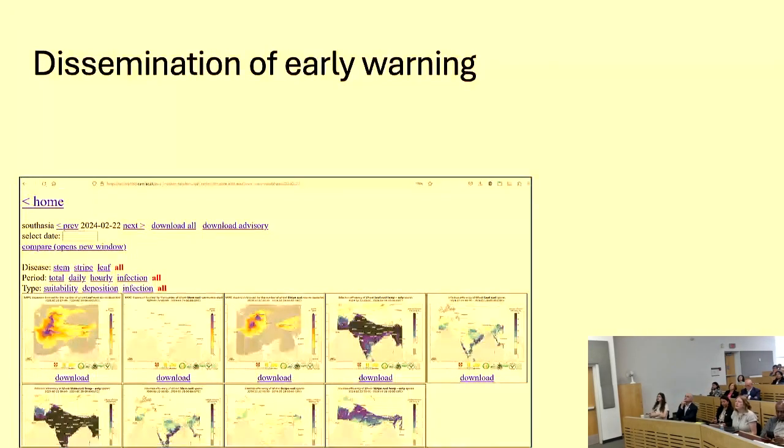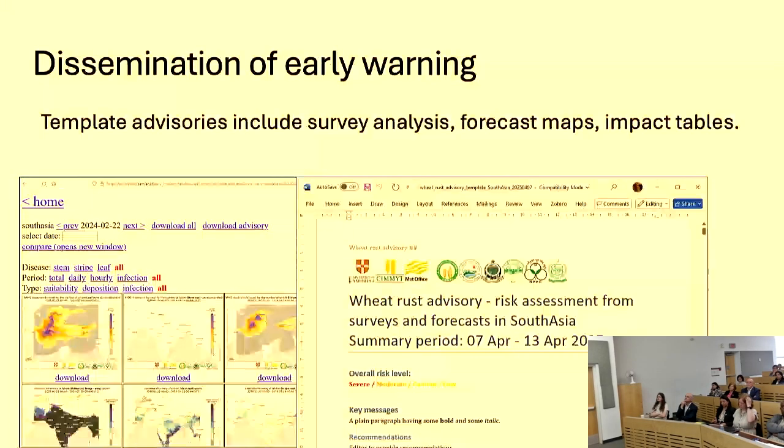How do those messages make it to farmers? All the forecast products are put up on a basic dashboard where you can scroll through dates and you can filter for the different outputs and diseases. We also provide all that in a Word document format, so it's immediately there, also with some automated survey analysis and impact tables.